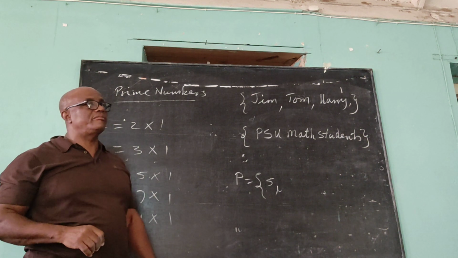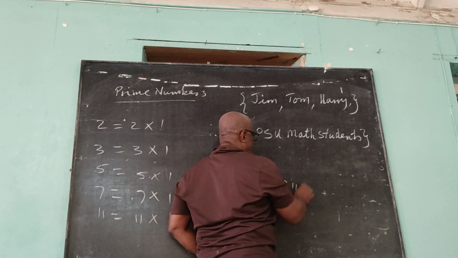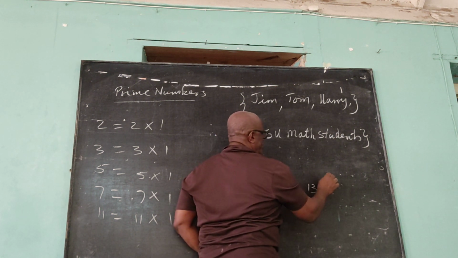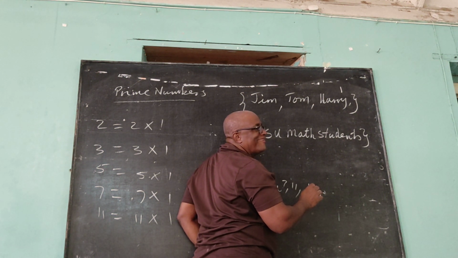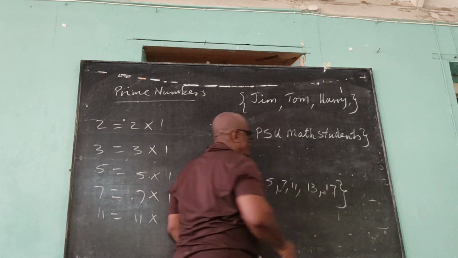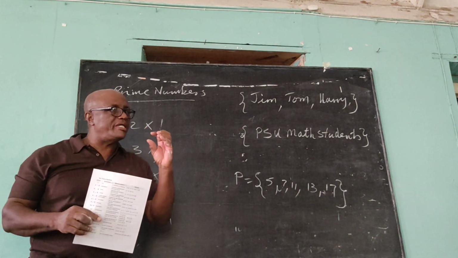What's the next one? 7, 11, 13, and 17. So that's a well-defined set because it has a definite set of numbers.